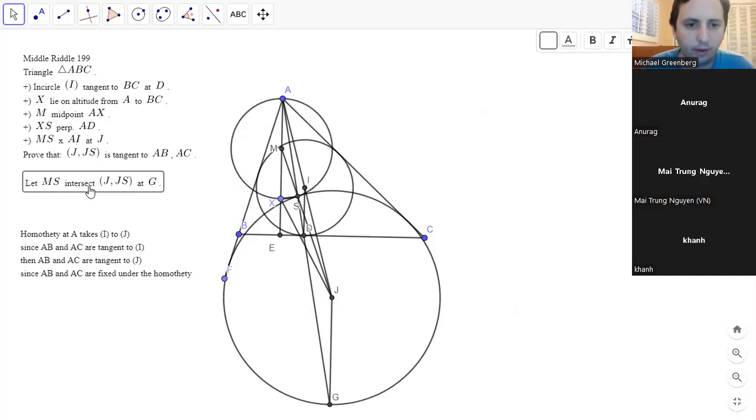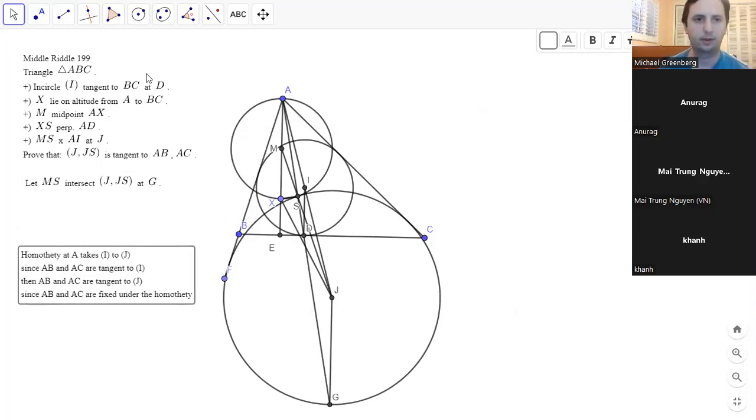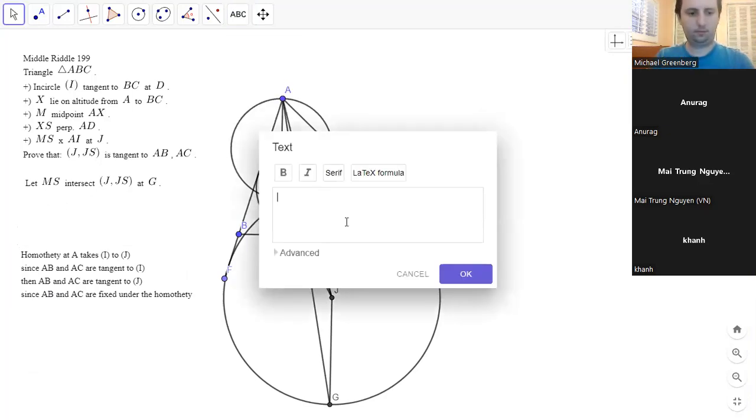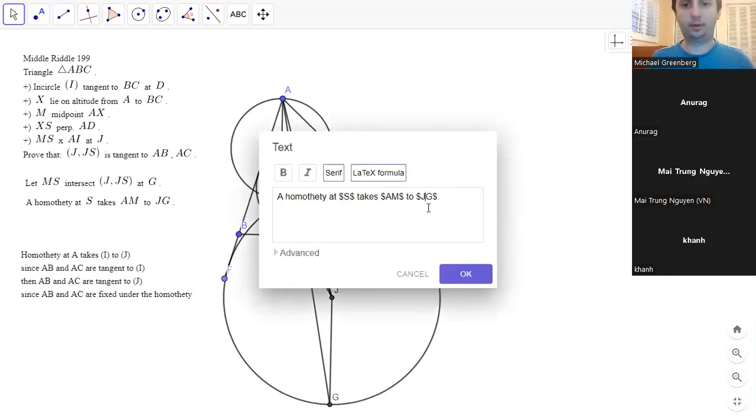So M, S, and J. A homothety at S takes AM to JG. So JG is perpendicular to BC.